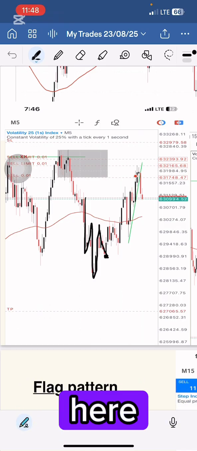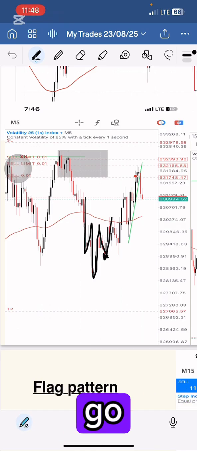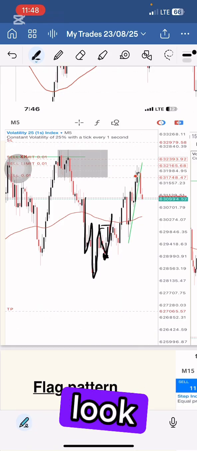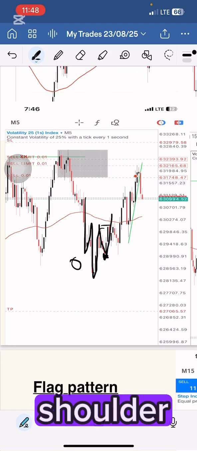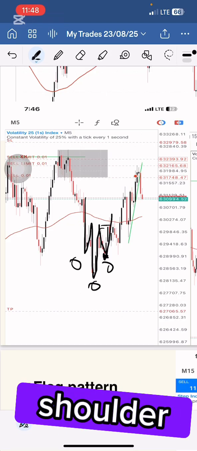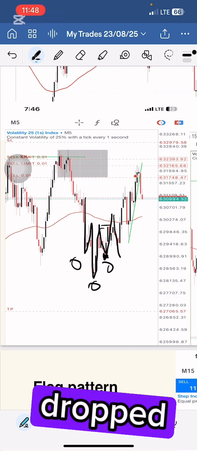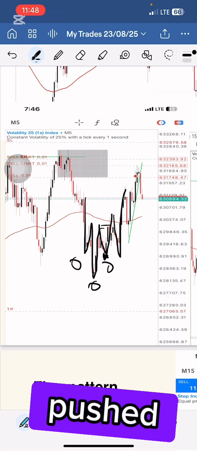Now, when it dropped here, it did not continue, so it had to go up and break this structure here. If you look at this, what do we have? We have shoulder, head, shoulder, an inverted head and shoulders pattern, right? Then price dropped and pushed up.